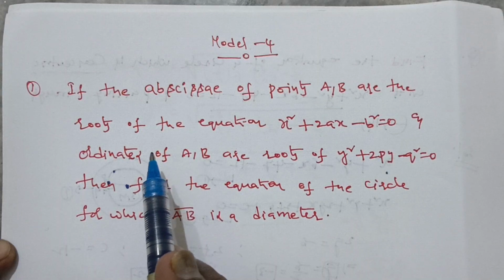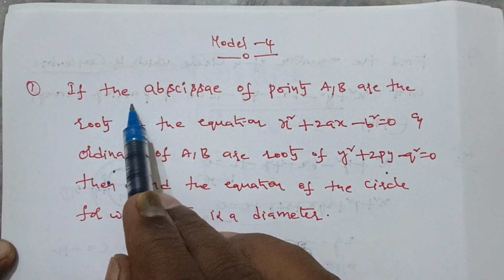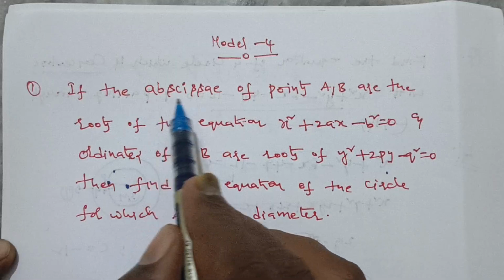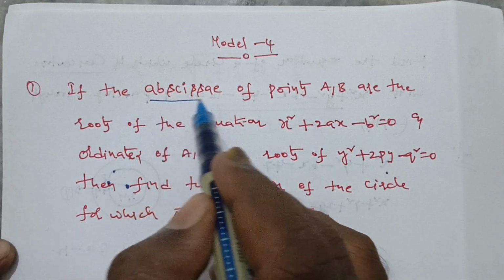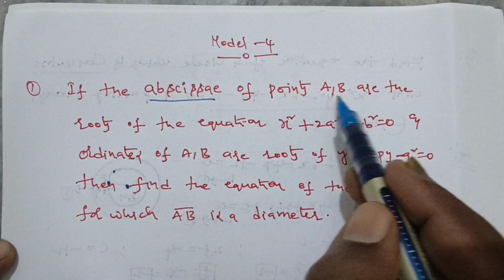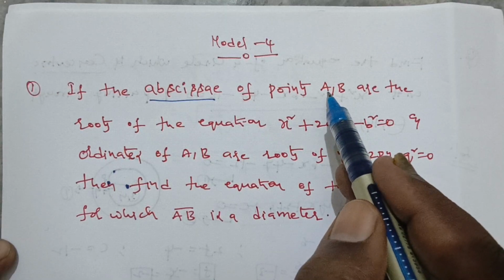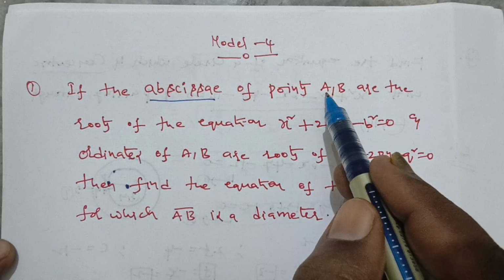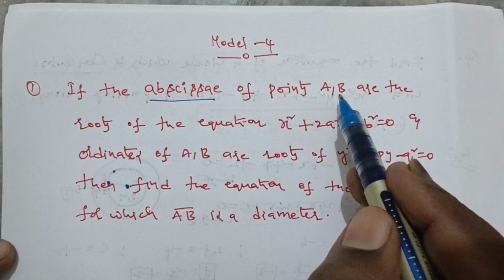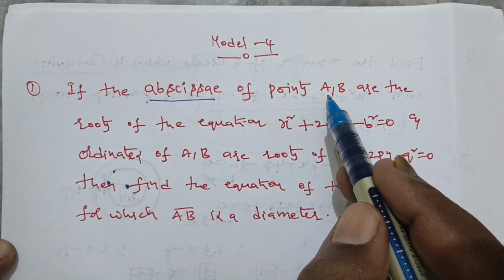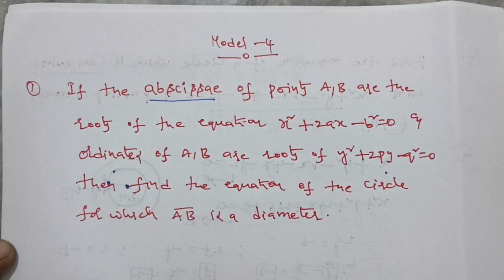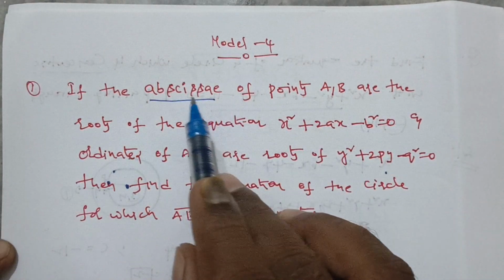In the given problem, we have the data: the abscissa of points A, B means the first coordinates of the points A and B, that means the x values.